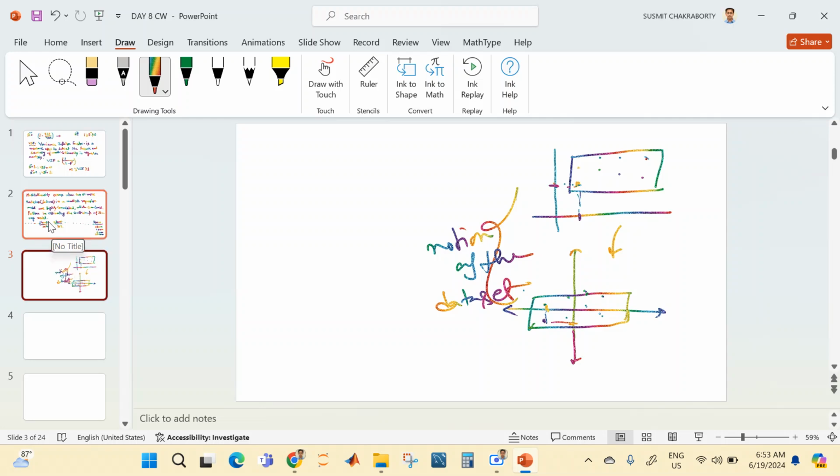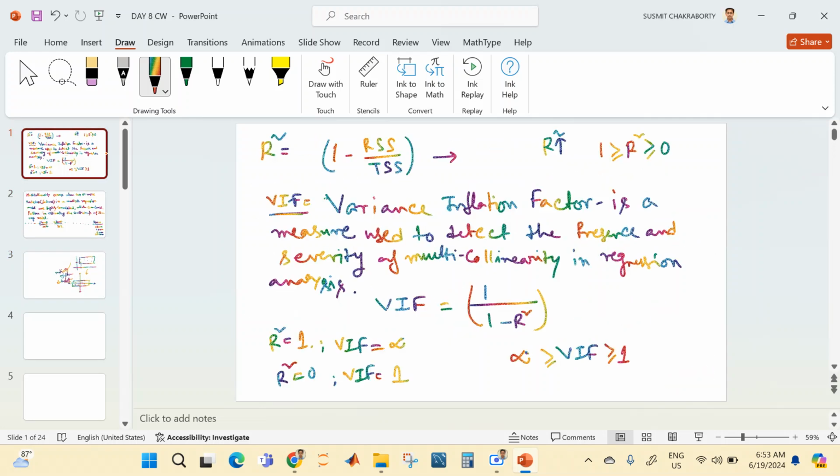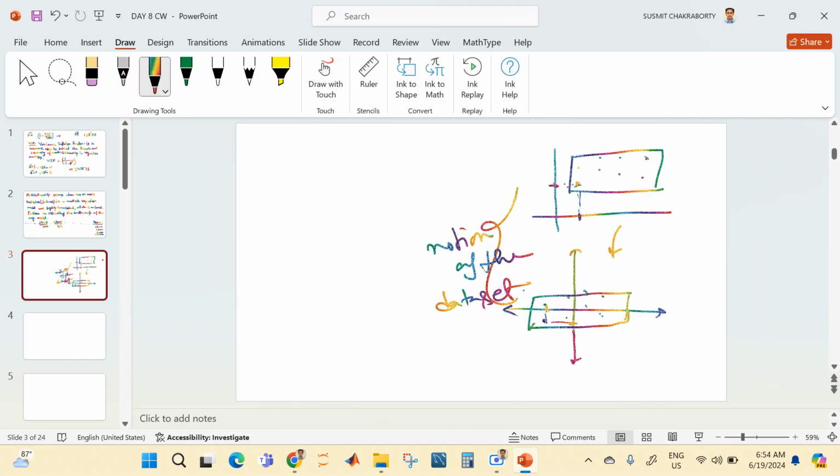Now tell me, if VIF is equal to infinity, which one is better, high VIF or low VIF? I am just discussing here. If VIF equals 1, that means R square equals 0.